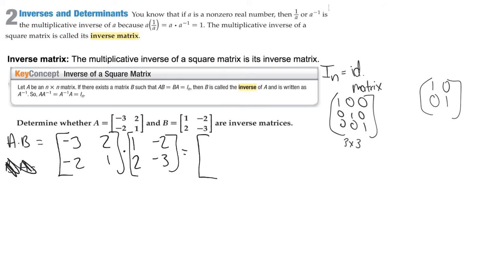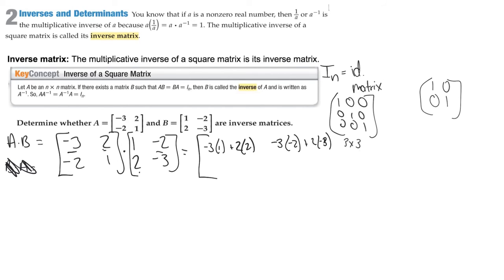So negative 3 times 1, plus 2 times 2. We're just following that matrix. Now, next row, we've got negative 3 times negative 2 plus 2 times negative 3.